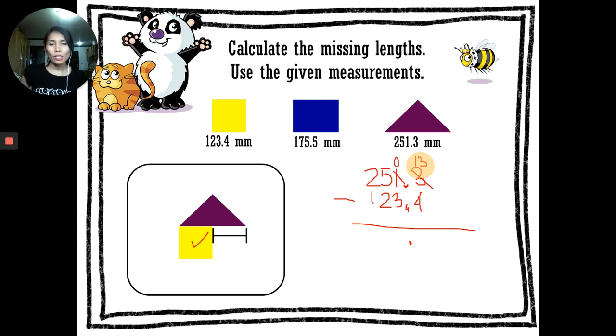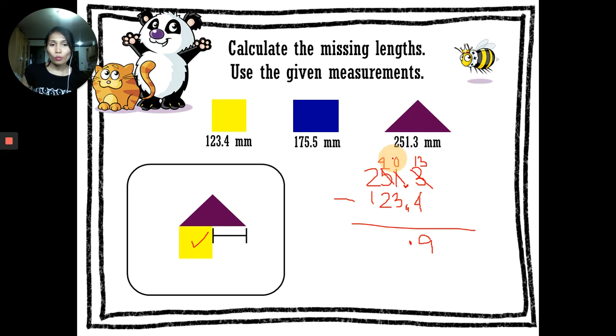Okay, so now 13 minus 4. Can we subtract now? Yes, 13 is greater than 4, so it's possible to subtract. 13 minus 4 is 9. Now, 0 minus 3, here's the problem again, 0 is smaller. So we will borrow again from 5, the next place. 5 will become 4, because 5 minus 1 is 4.